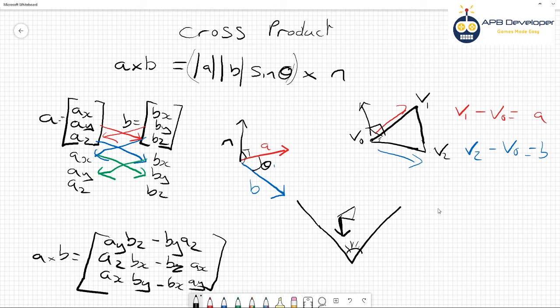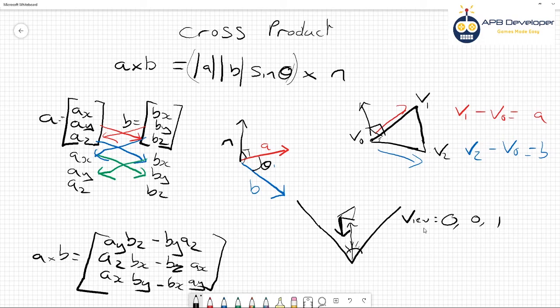We're only interested in the z component. We take the dot product between this vector, because our camera is usually looking down the z, so our view direction is 0, 0, 1.